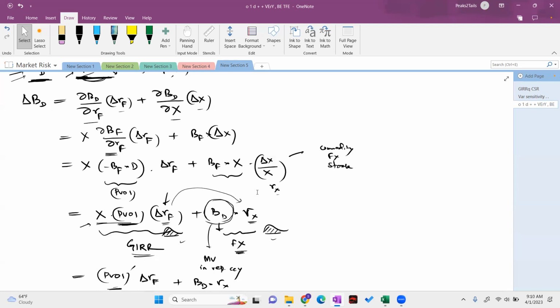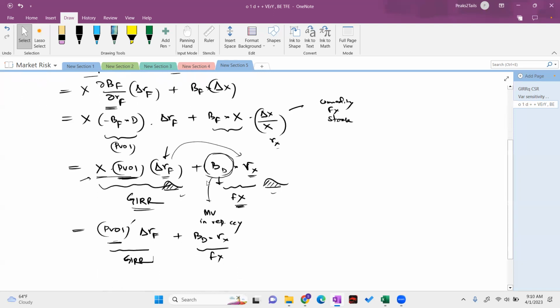Forget about curvature. Curvature is complicated, but we have seen the calculation. It's not that scary. And see how the equation naturally evolves. Then you will be able to identify each and every component and which risk class it belongs to. You can isolate those components and capitalize individually. Just do this exercise.